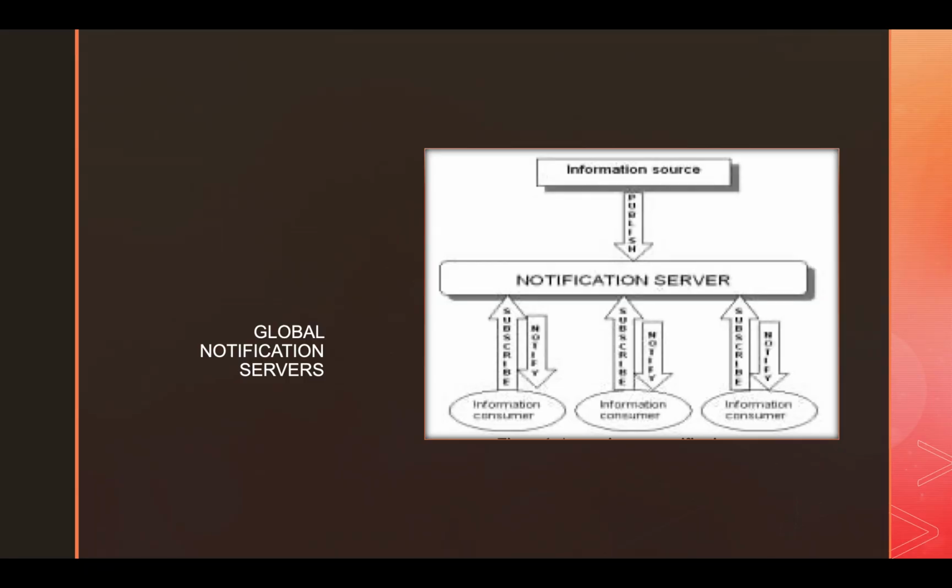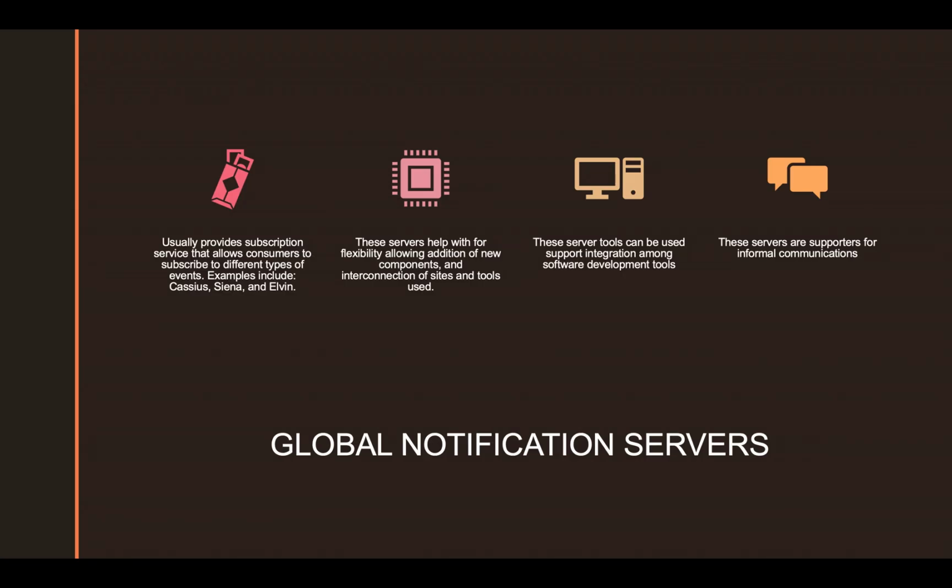Another thing I looked at that could help communication would be global notification servers. The way these servers are set up, different team members could access and subscribe to the relevant information that is necessary on their project.